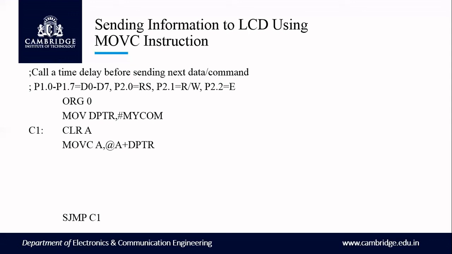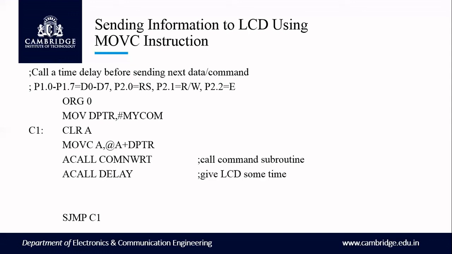You can get that through MOVC A, @A+DPTR. DPTR will hold the starting address of the data which is present in the code memory, and you can access that into the accumulator now. Then call the command subroutine to send this code onto the LCD. So call delay again, then increment the DPTR.